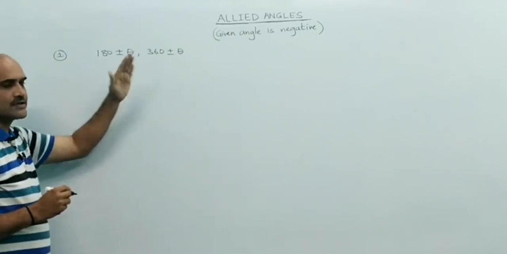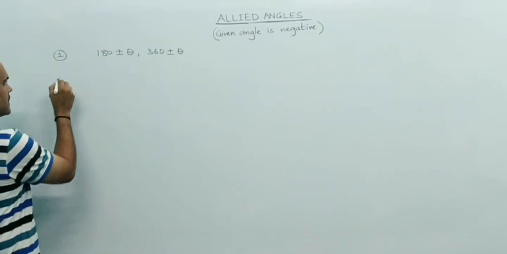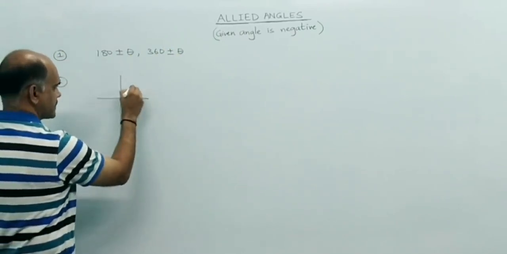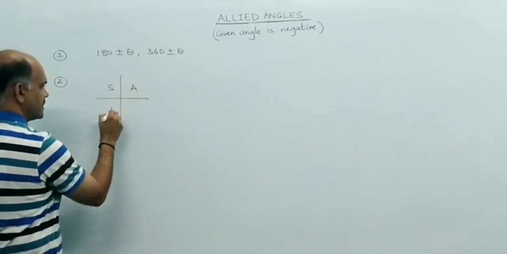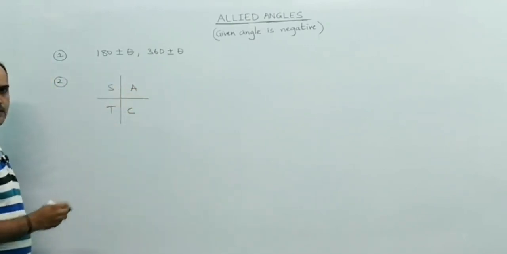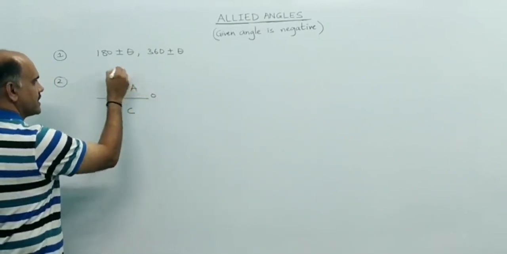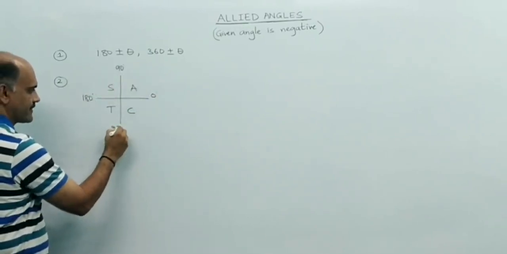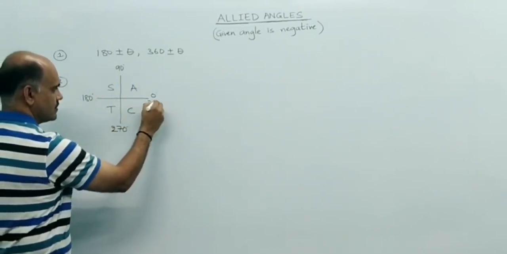Second, once this 180 or 360 goes, the plus or minus sign is determined by the ASTC rule. So here you will have 0 degree, 90 degree, 180 degree, 270 degree, and again here you will have 360 degree.